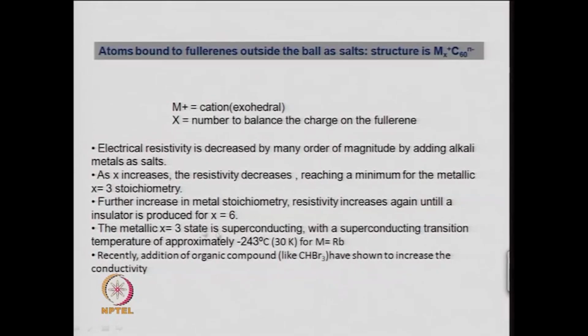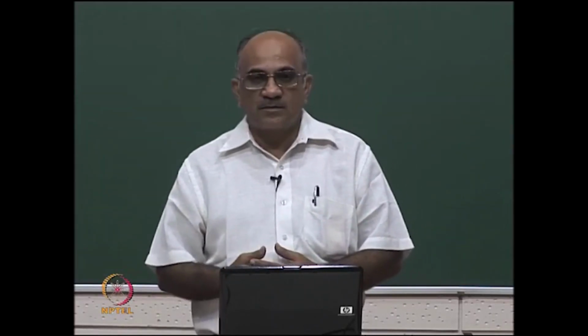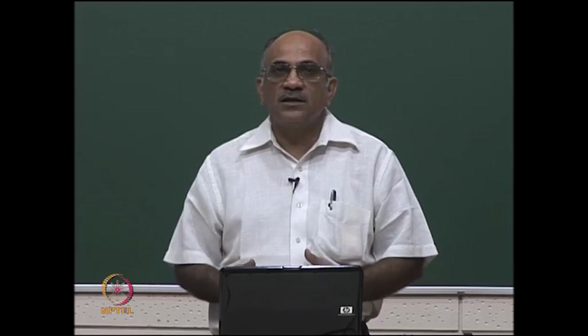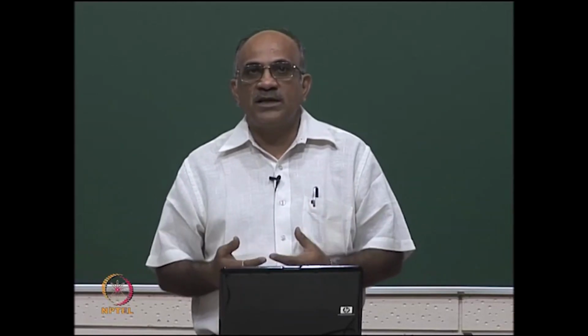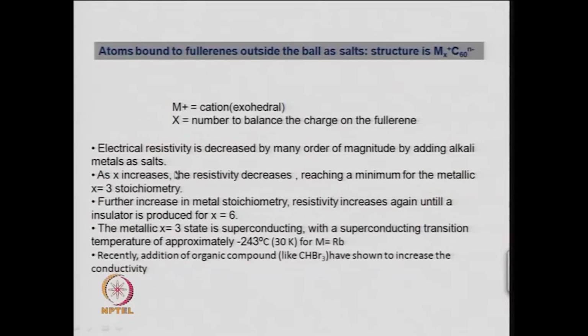Okay. Now, what happens when you add these electrons? When you add these electrons, the electrical conductivity or the resistivity changes, because now you are adding electrons to this fullerene moiety, which becomes a fulleride, and the electrical resistivity decreases by several orders of magnitude when you are adding alkali metal ions.